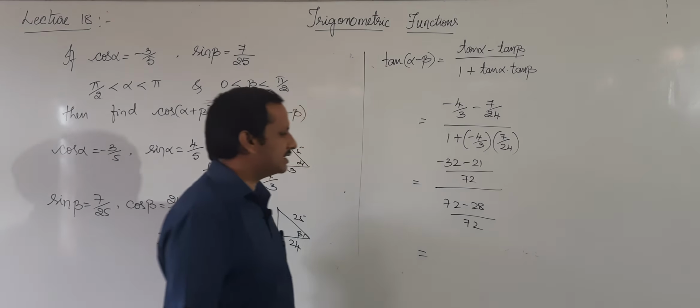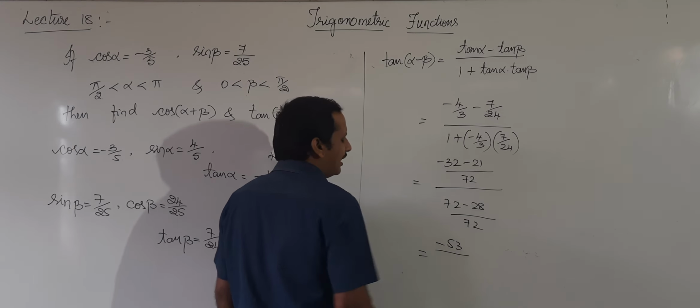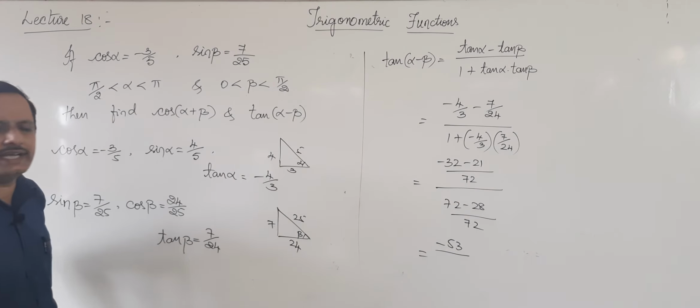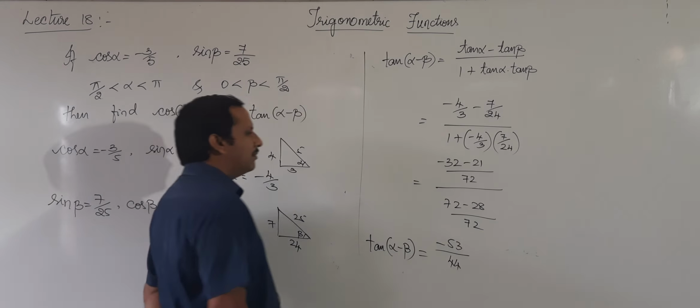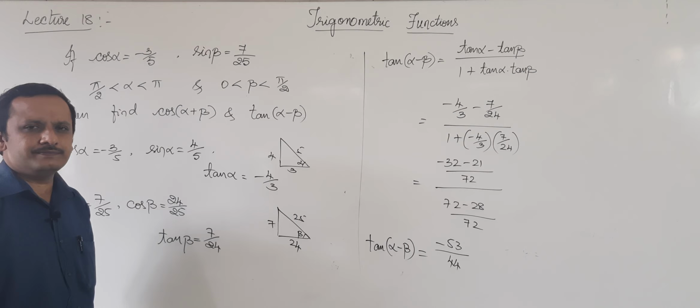That's equal to, here 72 gets cancelled, minus 32 minus 21 will give you minus 53. And here 72 minus 28, 44. This is the answer. Tan alpha minus beta is equal to minus 53 divided by 44.